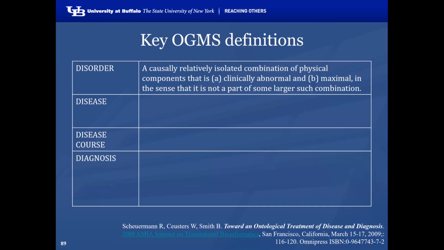So if you have, let's say, a liver tumor, how many cancerous cells are there in a liver tumor? Many. Thousands, right? Well, you don't have 1,000 disorders. So that's the idea, okay?